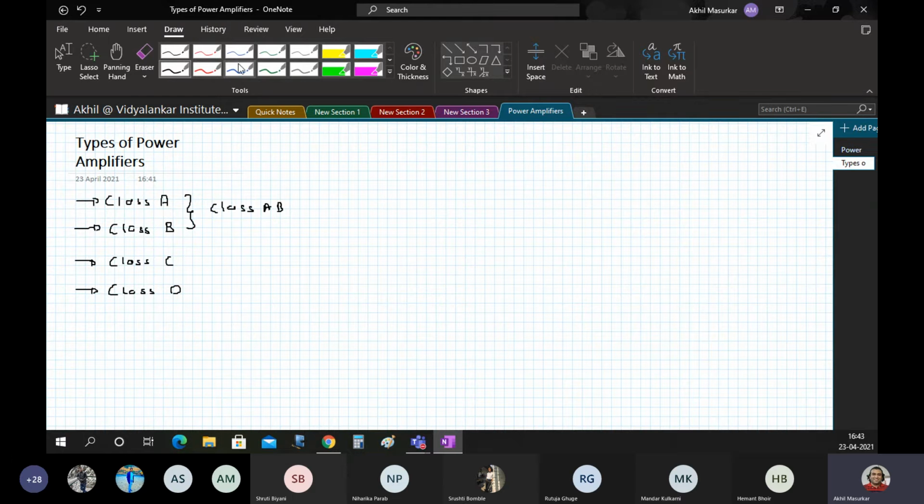So there are 5 different types of power amplifiers used for different applications.